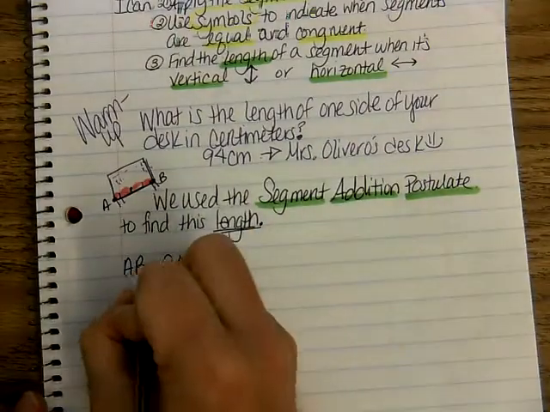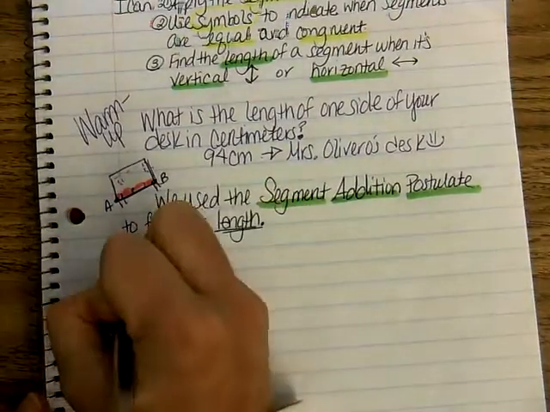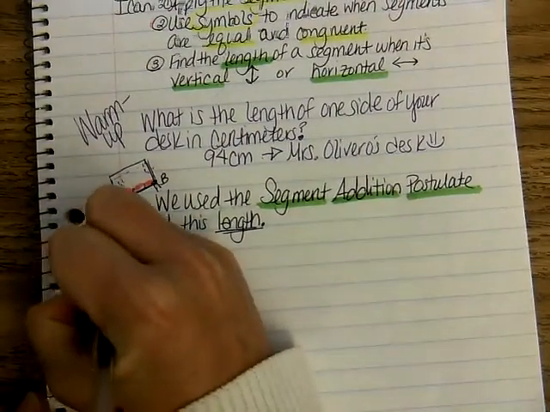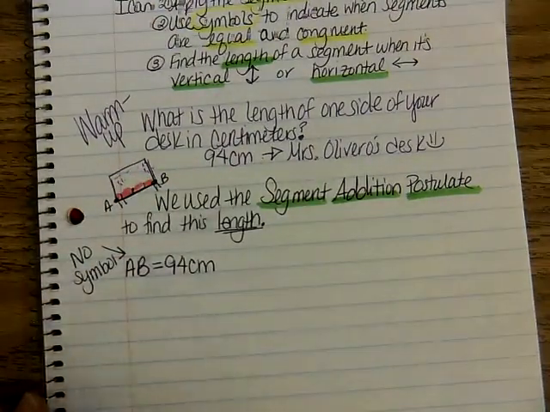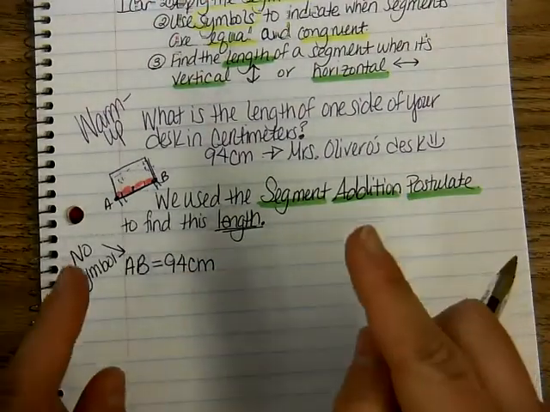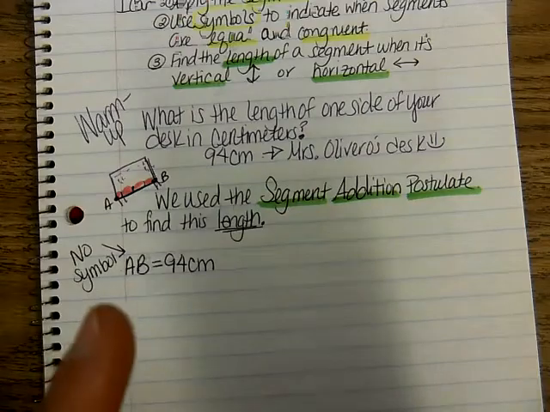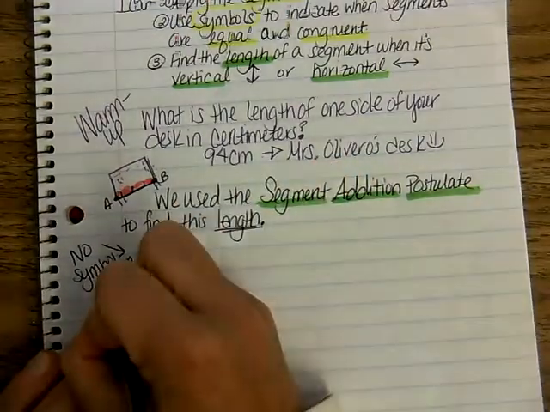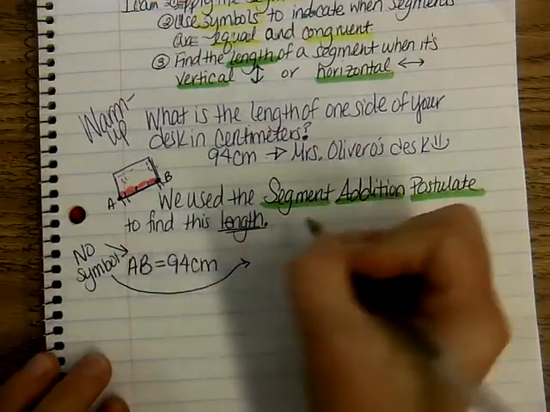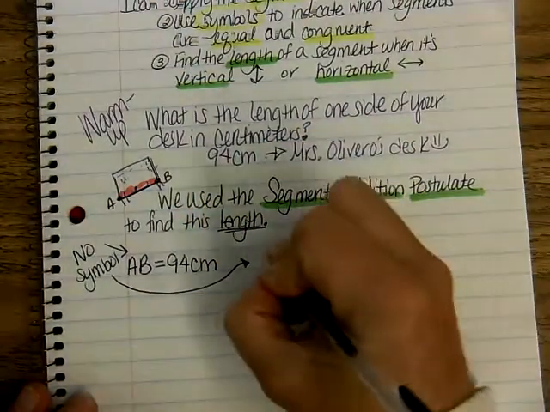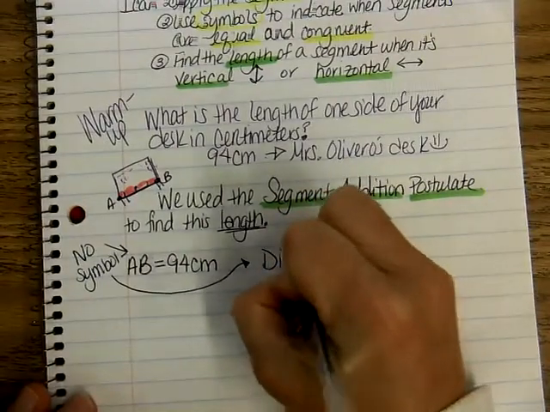Notice that AB has no symbol above it. And when you have no symbol above, that means that you're talking about an actual value. It is a segment that has a number attached to it. So whenever you see no symbol, like AB in this case, that represents the distance of a segment.